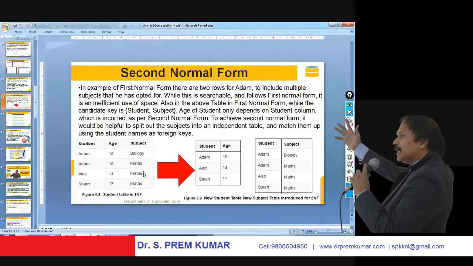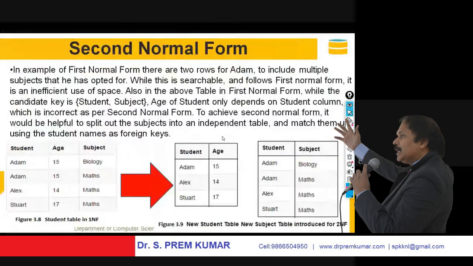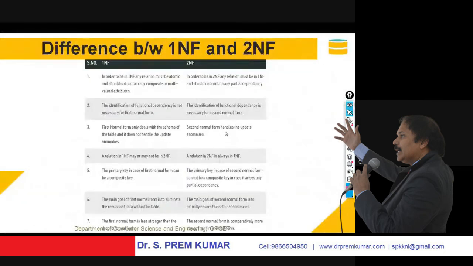Now we proceed to the next concept. What is the difference between first normal form and second normal form? In first normal form, atomic nature undali. Second normal form lo partial dependency undakudadu.